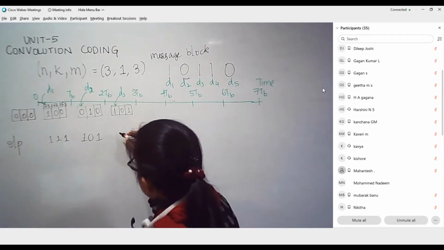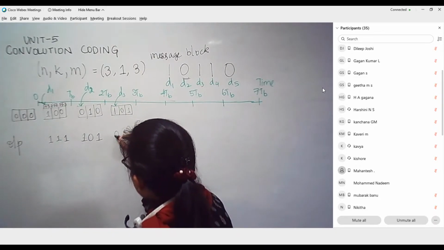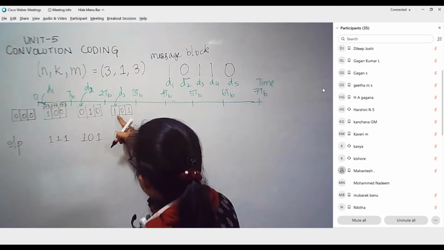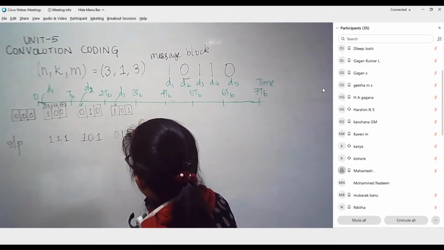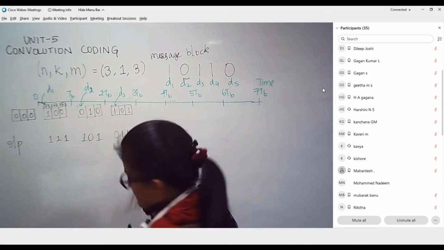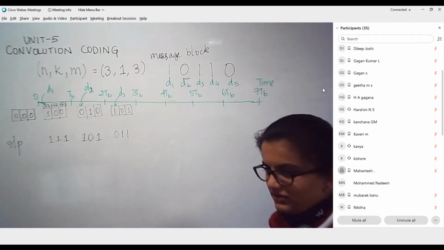Now compute C1, C2, C3 again. C1 will be 0 because there are two ones, and C2 will be 1, and C3 will be 1. 0, 1, 1.